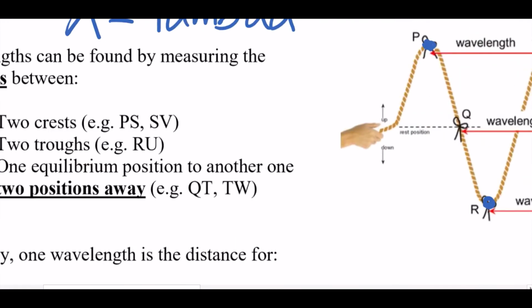Very wordy, so the way I would remember this is, if I look at a wave, I start from one equilibrium position, in this case Q, and I draw one full wave, from Q all the way up to this T. When I reach the equilibrium point again, I see position T. The distance between Q and T is also one wavelength, also lambda.